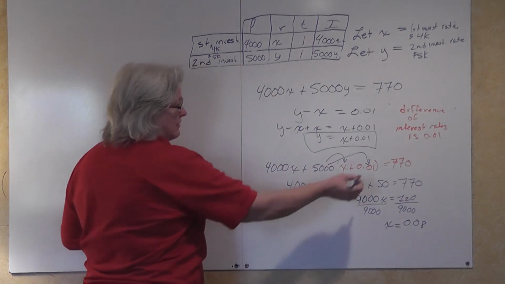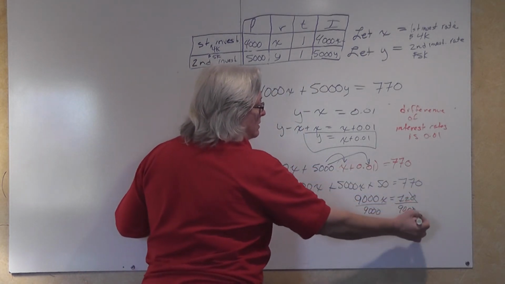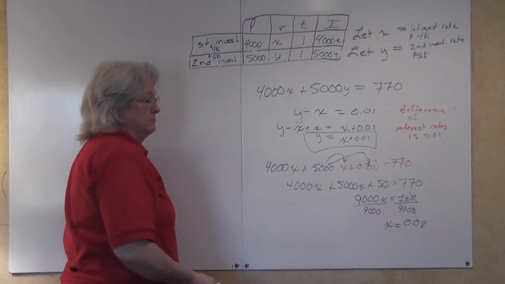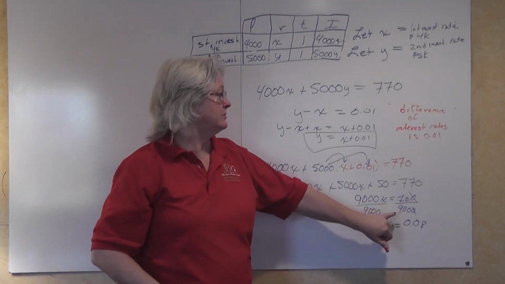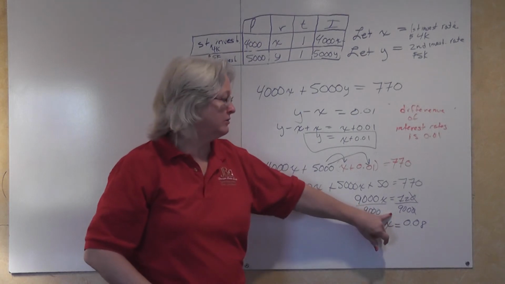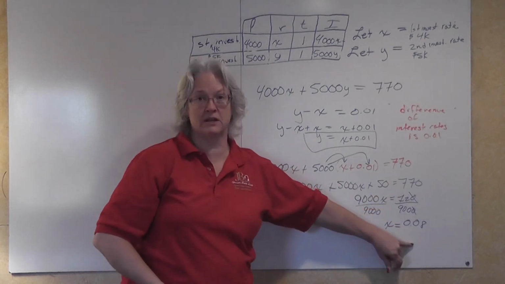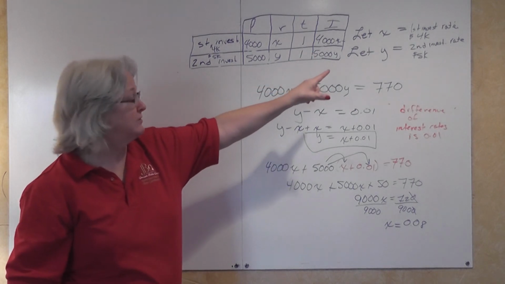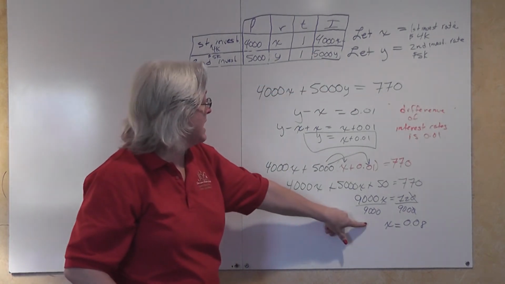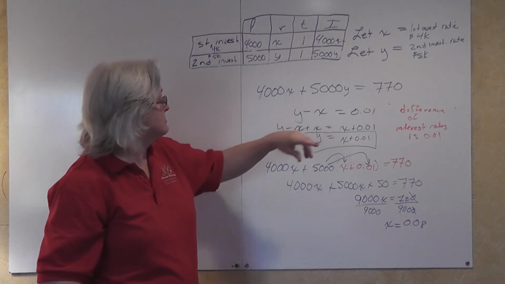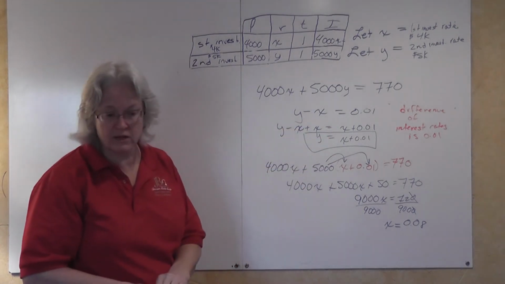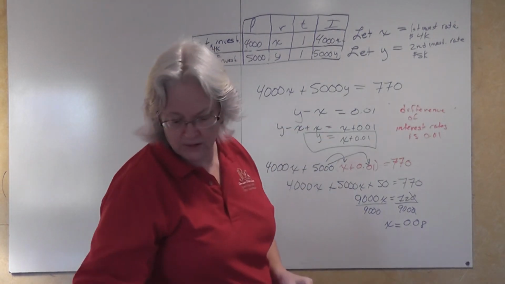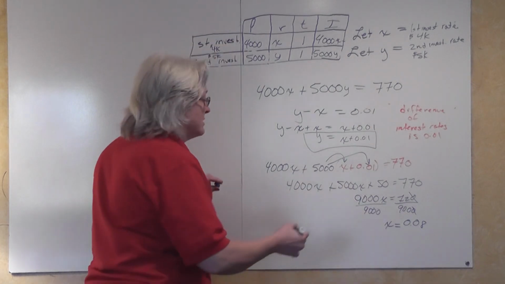Because what you actually have, you can divide, you can cancel tens. 72 divided by 900. 8 times 9 is 72. So the interest rate on the 4K investment is 8%. The interest rate on the second investment is 9%.